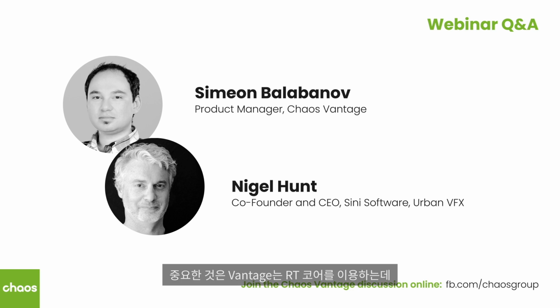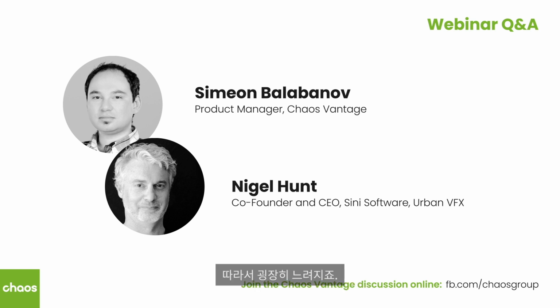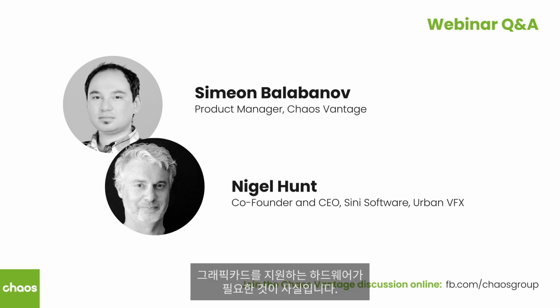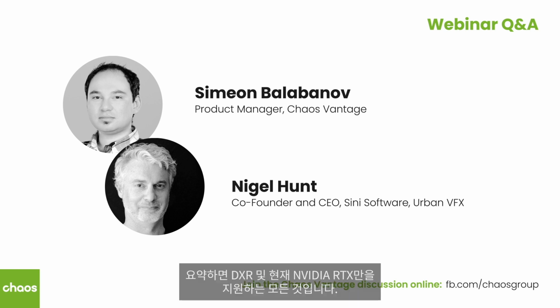The fact is that Vantage takes advantage, no pun intended, of the RT cores, and the 1080 Ti does not have such cores, so everything has to be emulated, and it becomes really, really slow. So we need some type of hardware ray tracing in the graphics card to support that. In short, anything that supports DXR, and at this time, NVIDIA RTX only.